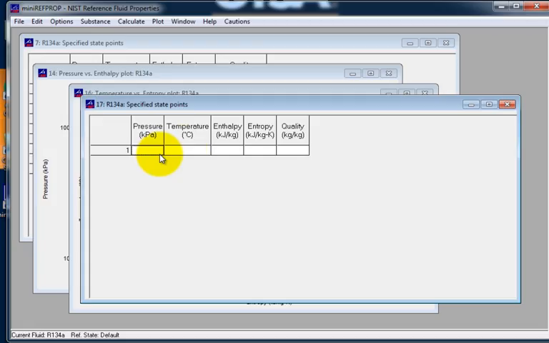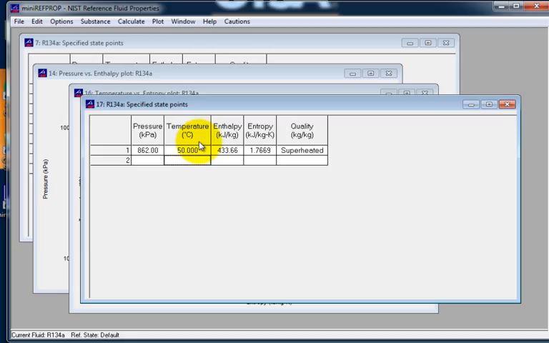If you go at a specific state, like say I want to put in, what are we working with, refrigerant? Maybe it was, I forgot my numbers. Let's put in that high pressure of 863 kilopascal, and the superheated temperature was around 50 degrees C. Boom. Just like you would expect.